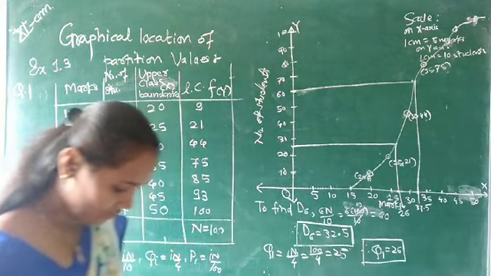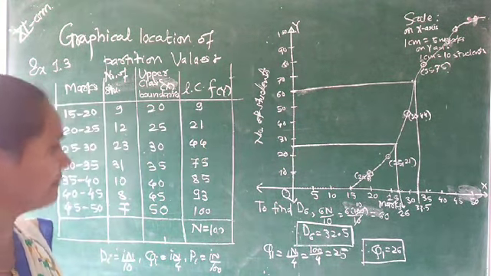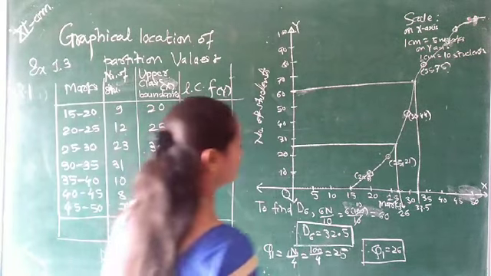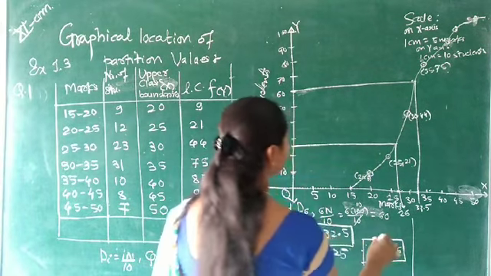Next, which value do we have to find? That is, determine P85. So again, how to find P85?